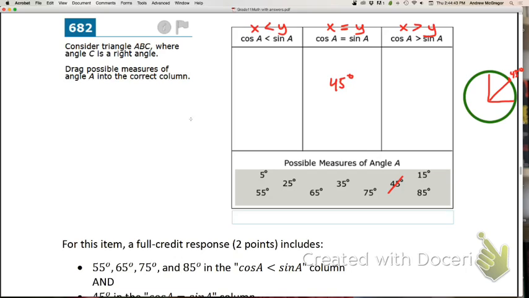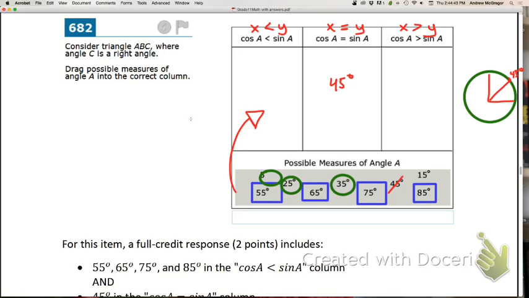So anything greater than 45 goes in here, which is 65, 55, 75, and 85. That's all you have to do. And then do you know where the rest go? Where do all the rest have to go? There you go. Good question. Yeah. Okay.